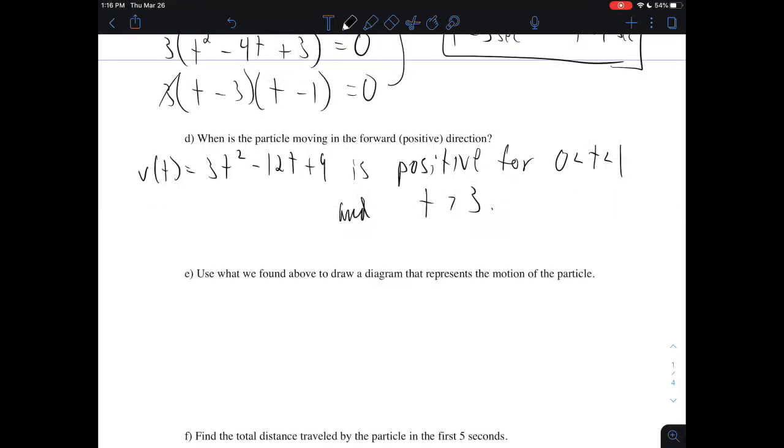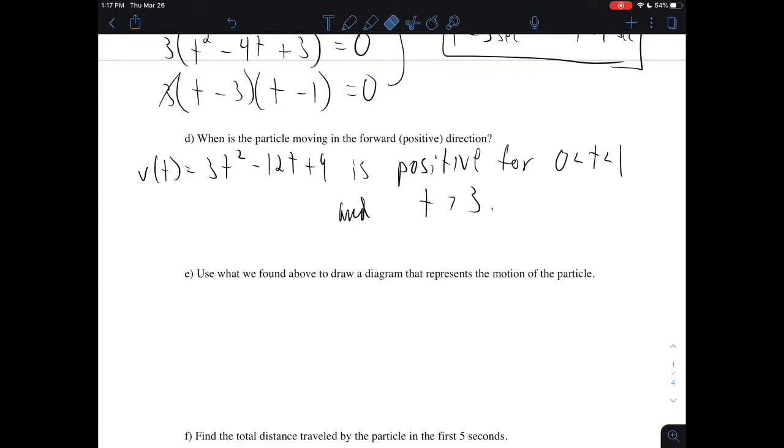Part E. Use what we found above to draw a diagram that represents the motion of the particle. Now this won't be the graph that we just looked at. This is really a sketch that is just thinking of the particle moving forward and then backward and then forward again and then backward, however that's happening.